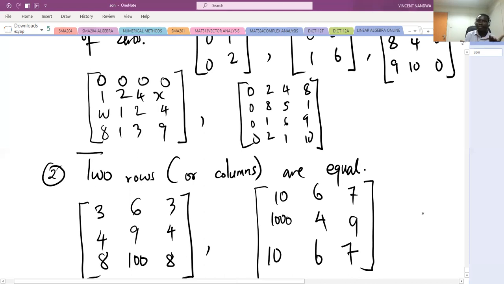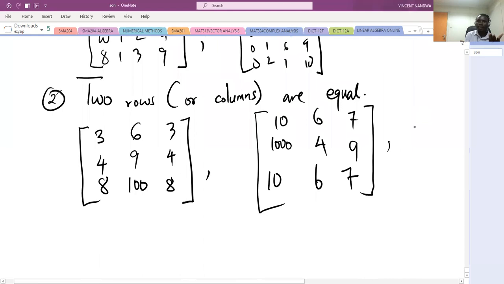The determinant of all these matrices is 0. All these have determinant 0 because they have some rows or some columns which are the same.